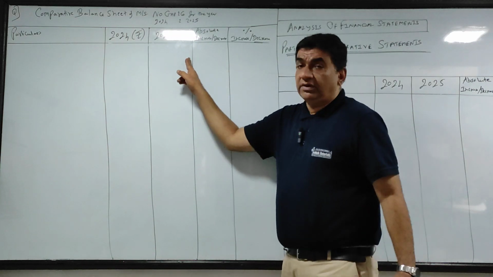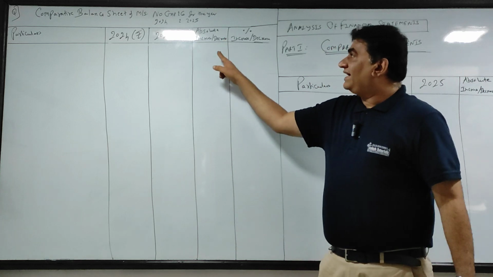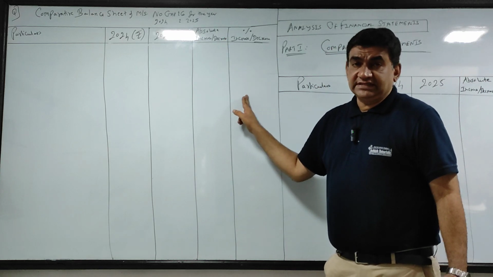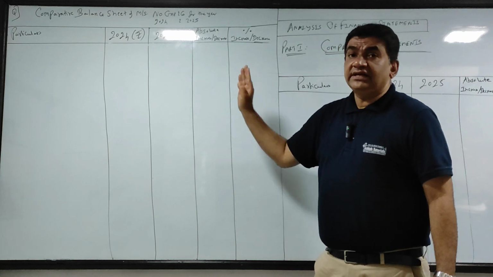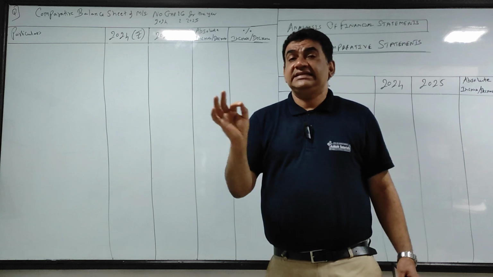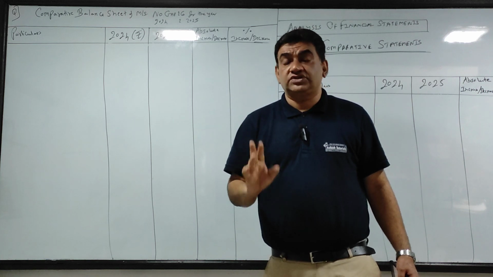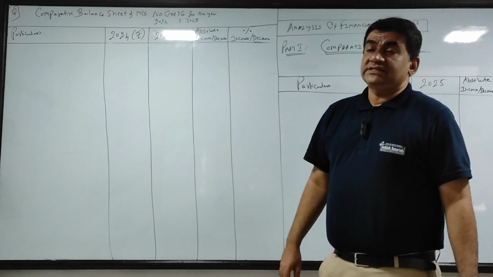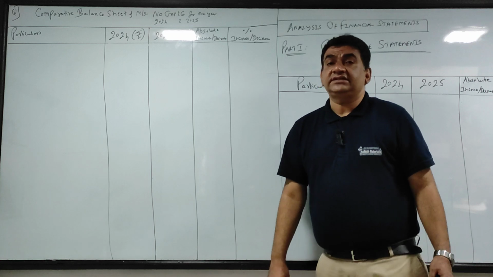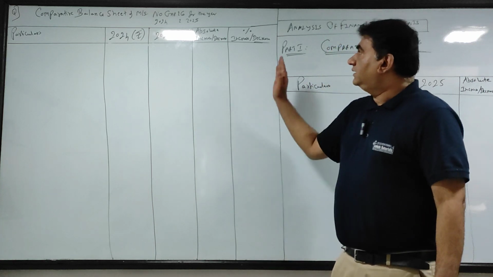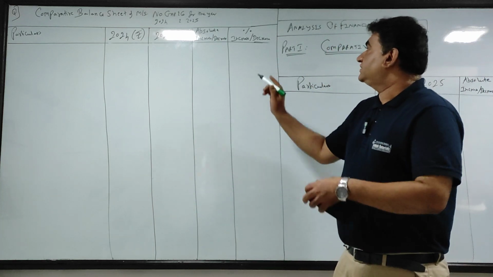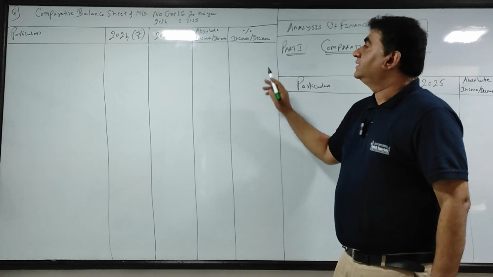2025, its amount. Then you have absolute increase decrease. Absolute increase decrease means increase or decrease in terms of amounts, and then you have percentage increase decrease.